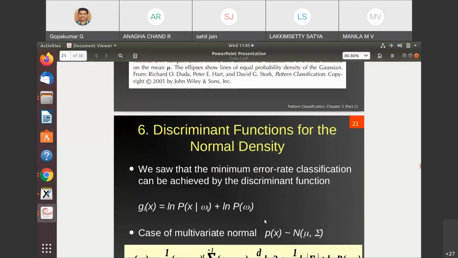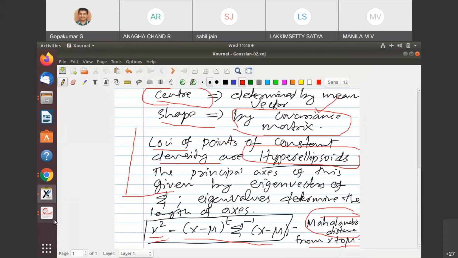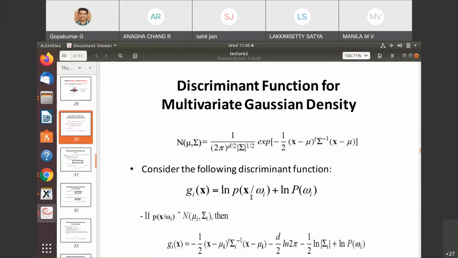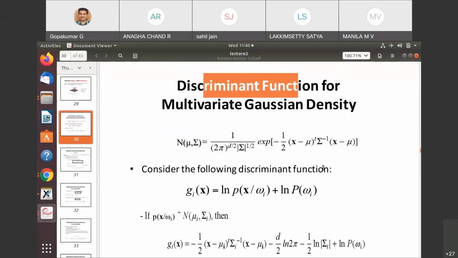Now our interest is in the discriminant function, which we have already defined as g of x. For a C category problem, we consider g_i of x for each i, and for the j for which g_j of x is the largest, we assign the class label w_i to the given feature vector x.